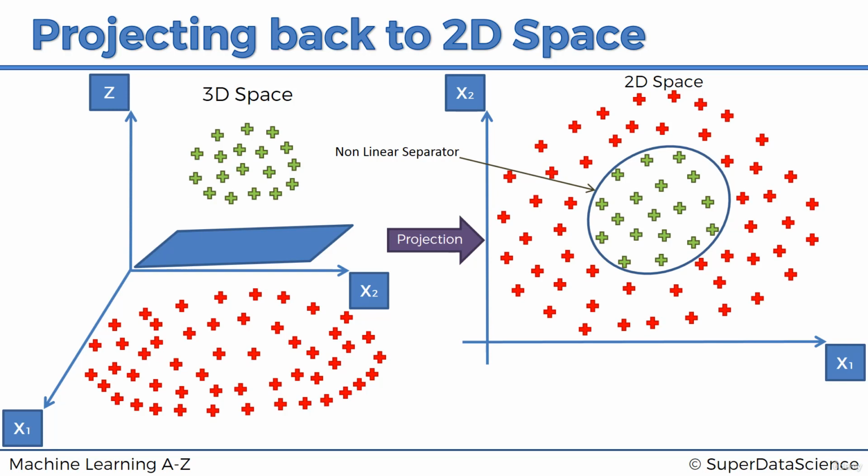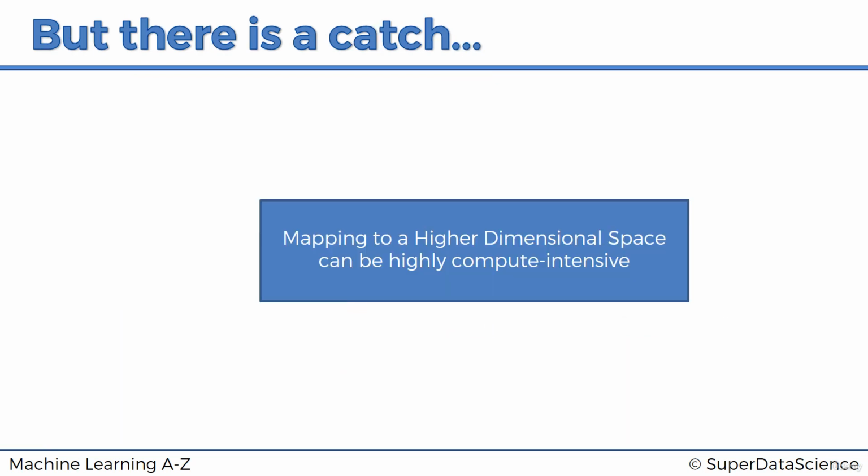But there's a problem with this algorithm. The problem is that mapping to a higher dimensional space can be highly compute intensive. It might require a lot of computation, a lot of processing power, and the larger your data set, the more of a problem this can cause.